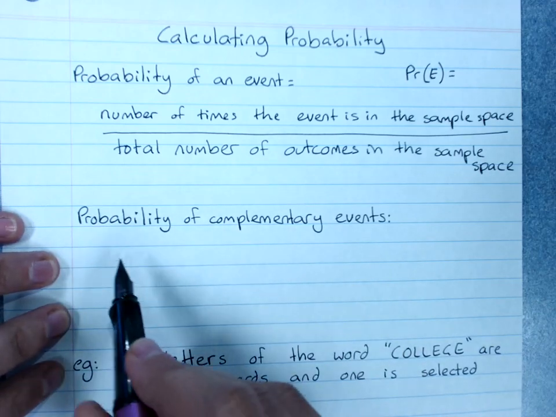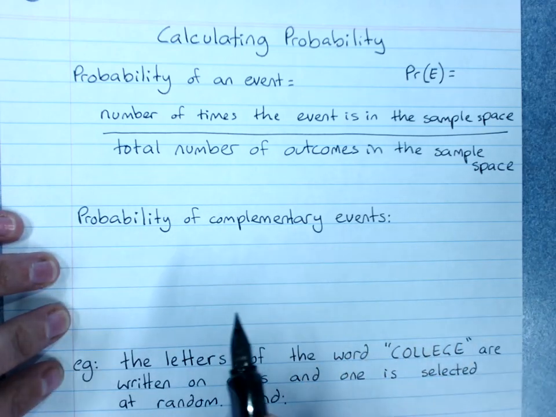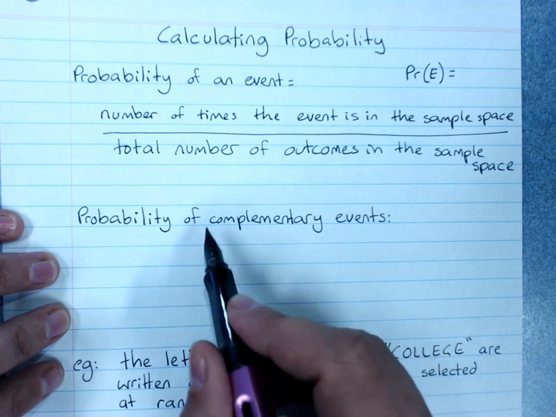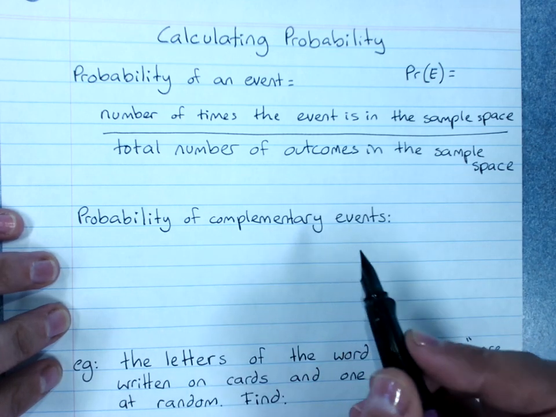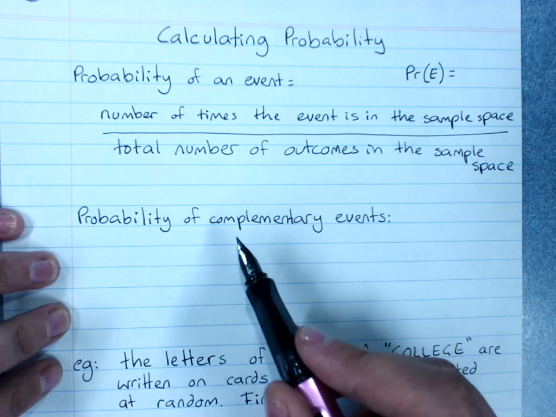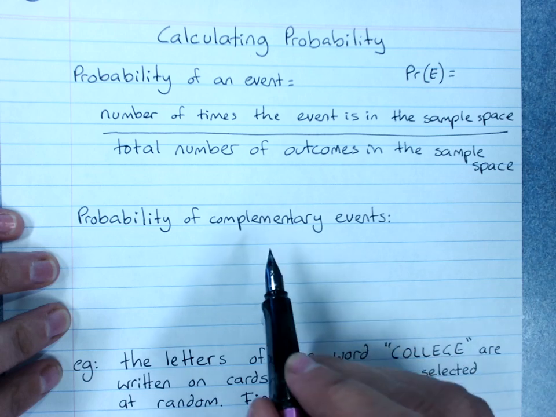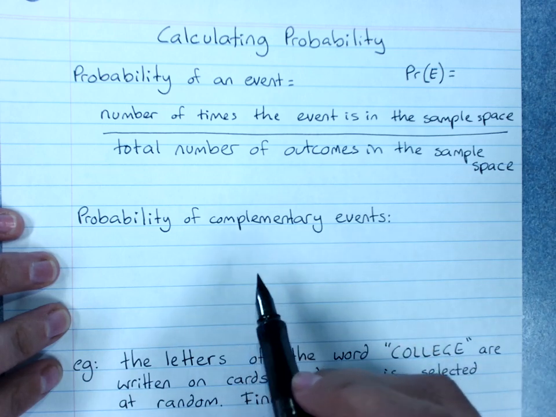We also need to write out how to get the probability of complementary events. That means, of course, that if I've got the probability of an event, its complement is the probability of the event not happening.